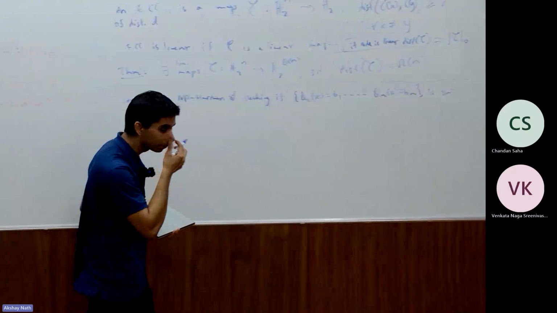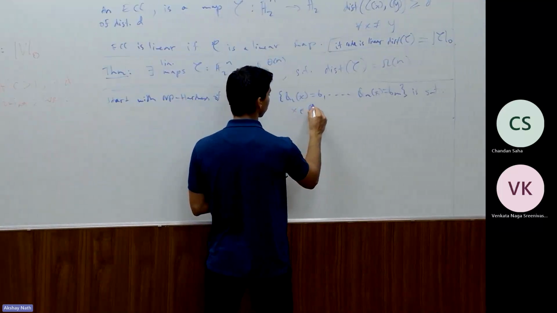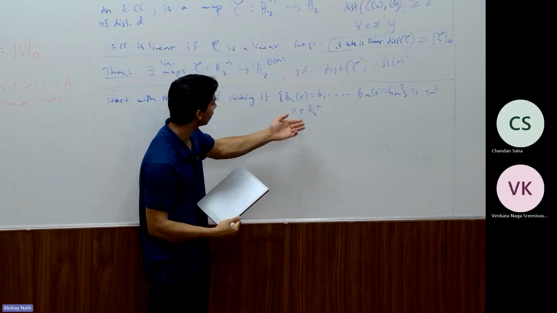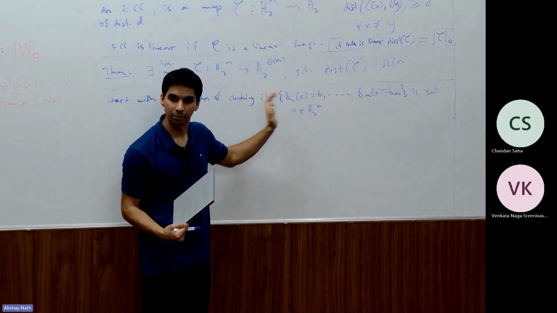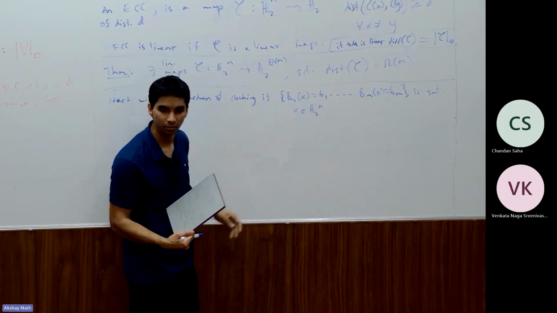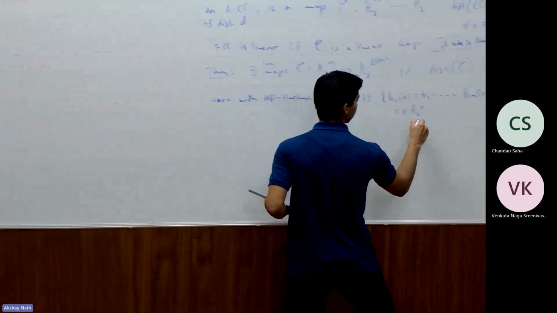So it's NP hard to check whether there exists an x in F2 to the n that satisfies all these equations, or that there exists no x simultaneously satisfying all those equations. Start with this assumption.